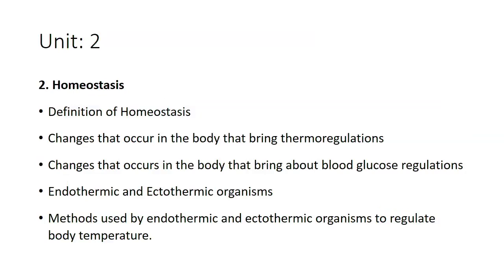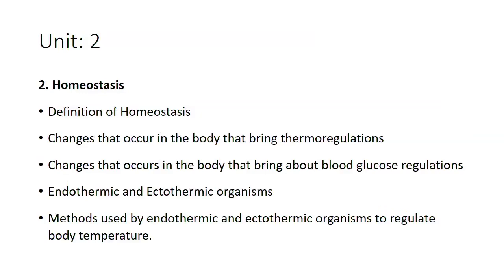So the methods used by the ectothermic and endothermic organisms to regulate their body temperature, I just mentioned them: hibernation, basking in the sun. These are ways that living organisms use to ensure that their body temperature is regulated.